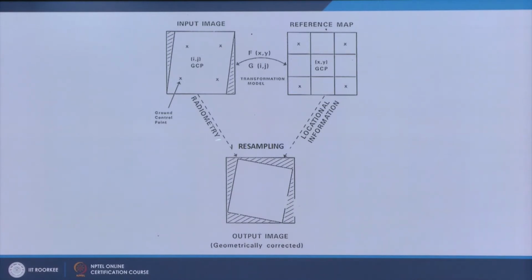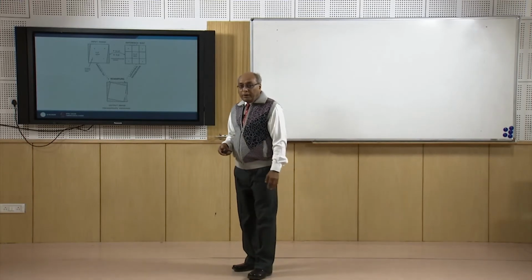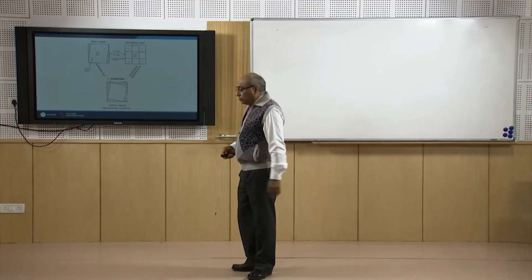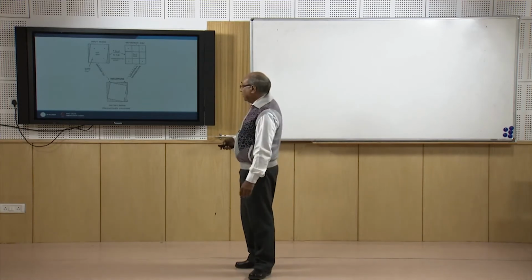And once it is done, through resampling the raw image will fit over my master map, and then finally I get a product which is geometrically corrected. That means it now has geographic coordinates in it, and it can be used on a GIS platform, it can be pasted on Google Earth and so on and so forth.